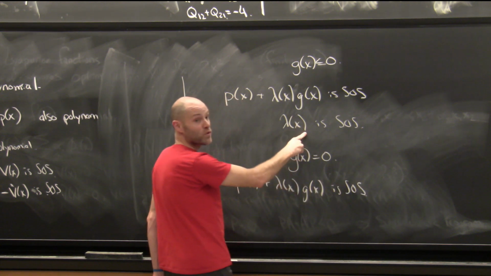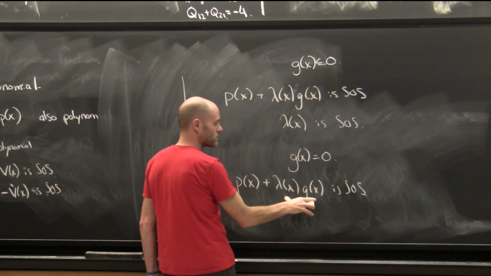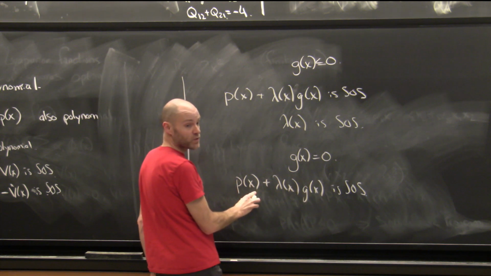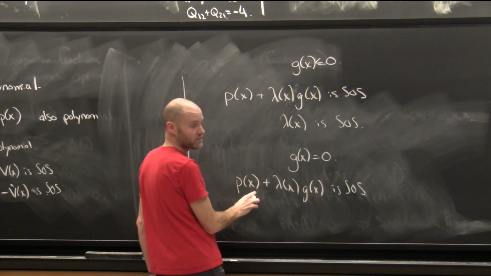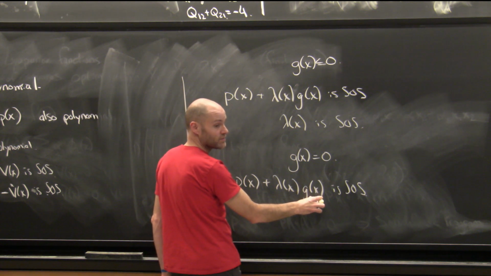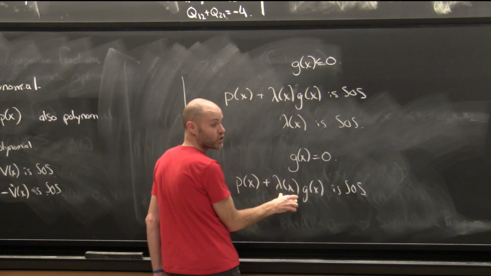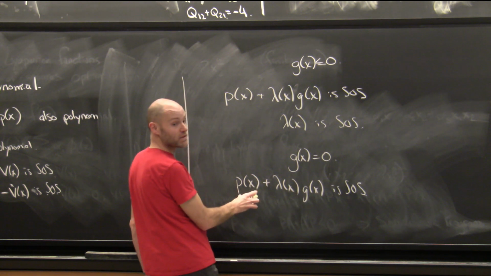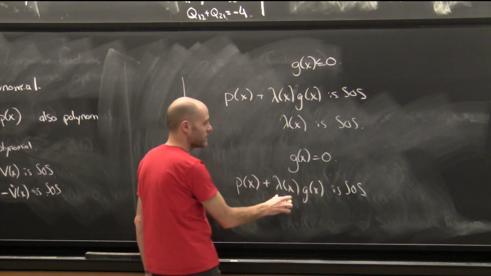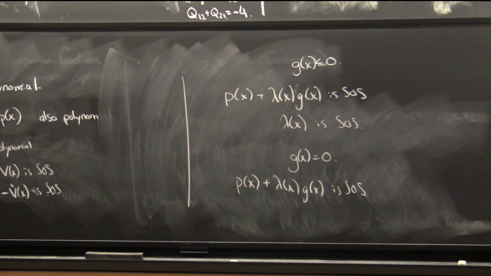You just don't have to enforce this. When g of x equals 0, this term contributes nothing, so this must still be sums of squares. It must still be positive. Whenever g of x is not 0, you can multiply it by whatever you want in order to help this thing become positive. Okay, so it's almost exactly the same thing. I just don't have this extra constraint on the Lagrange multiplier.